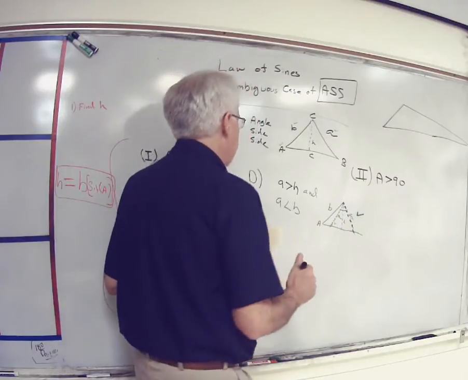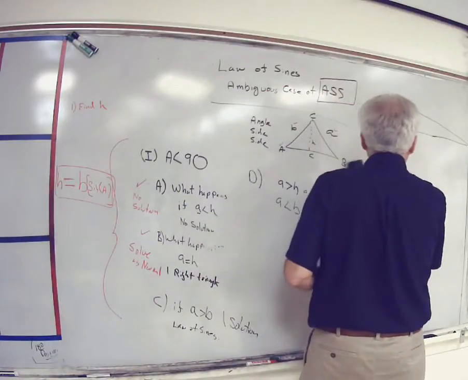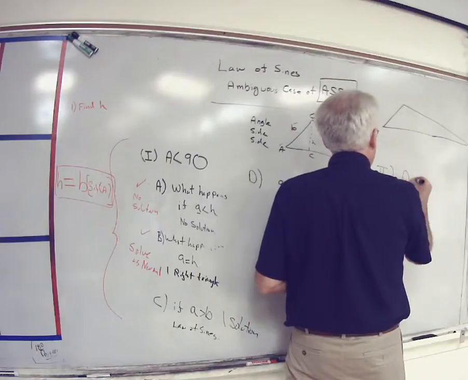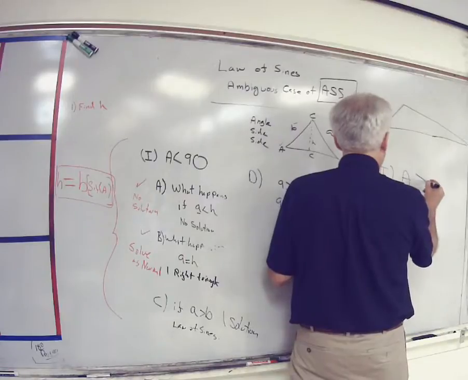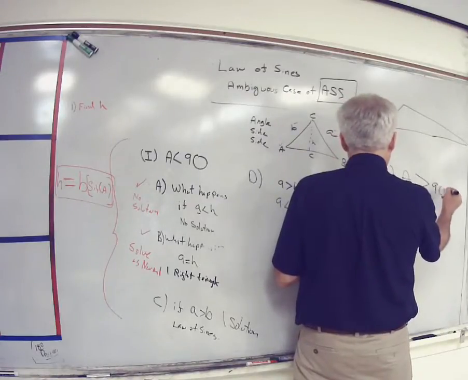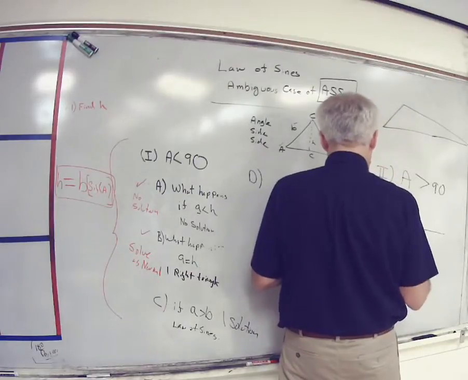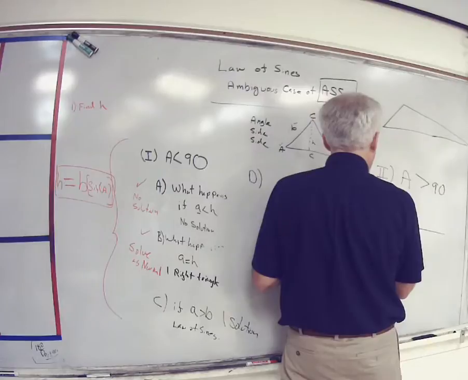Okay. Now let's look at case 2. The second possibility is A is greater than 90. And this is one that would look like this. So this is A, like that.